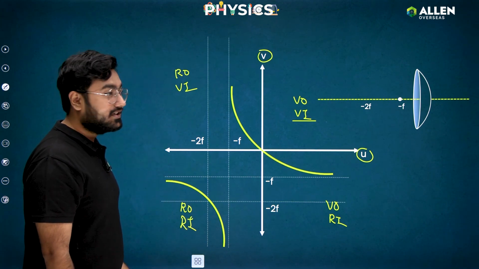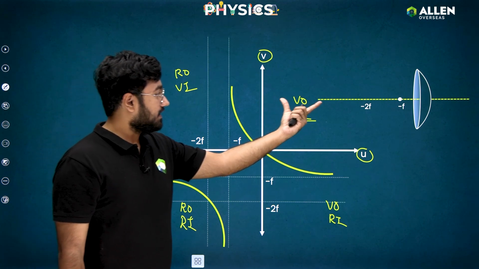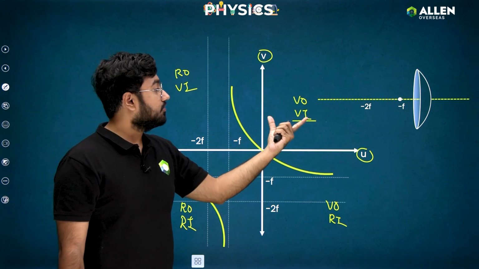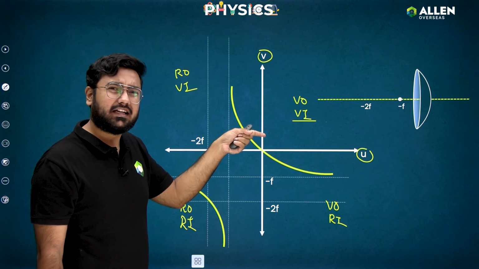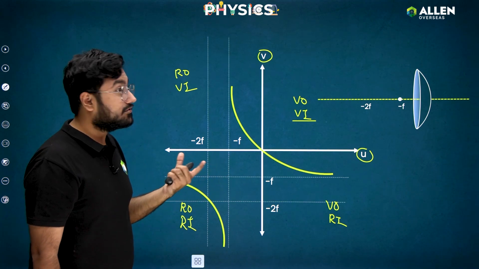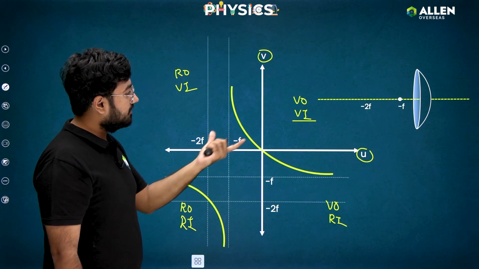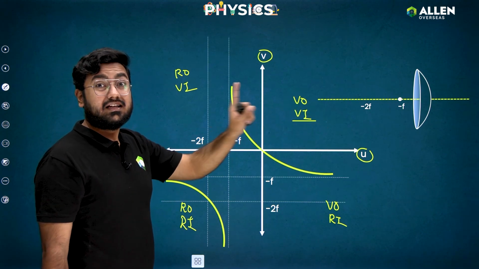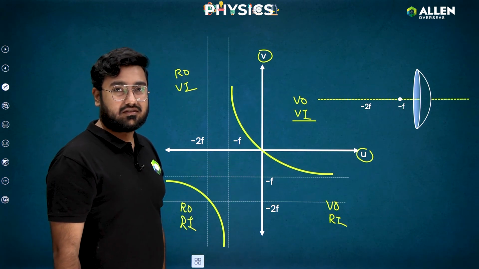Quadrants are clear, right? So if you have any point here in the UV curve, you are going to get a virtual image of a virtual object. But do you find any point in this case? No. That means it is quite clear just by looking at the graph that a concave mirror is never going to form a virtual image of a virtual object.